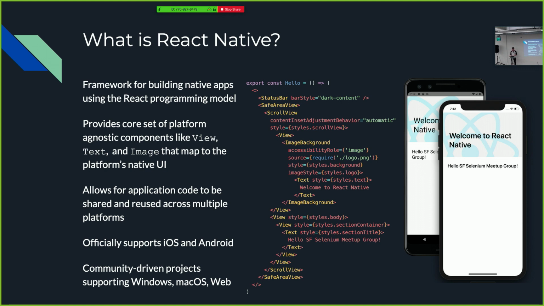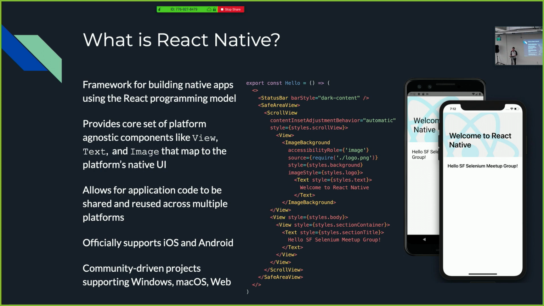The library itself provides a core set of platform-agnostic components, like a view component and a text component, that end up compiling down to the platform-specific view and text implementations. It allows you to write your view code once and have it run on multiple devices and platforms. It officially supports iOS and Android.